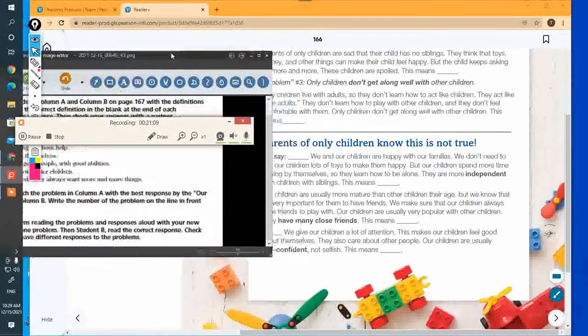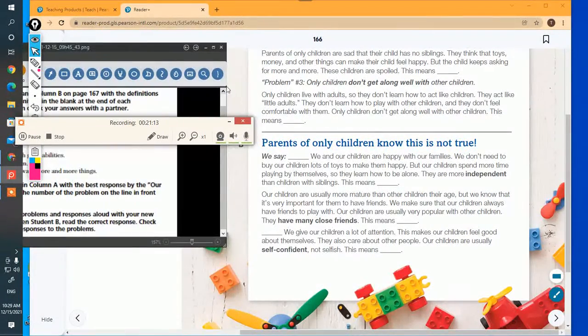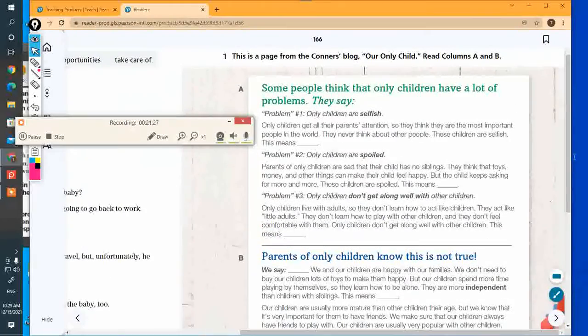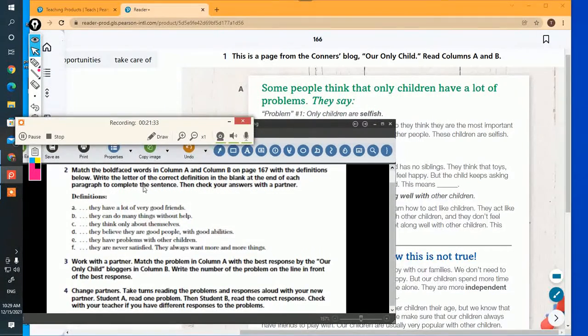At the beginning, and this is a little confusing, don't put an answer right here, and don't put an answer right here. Only put your answers where it says this means, and this means. That's where the answers go for the first part, part 2.